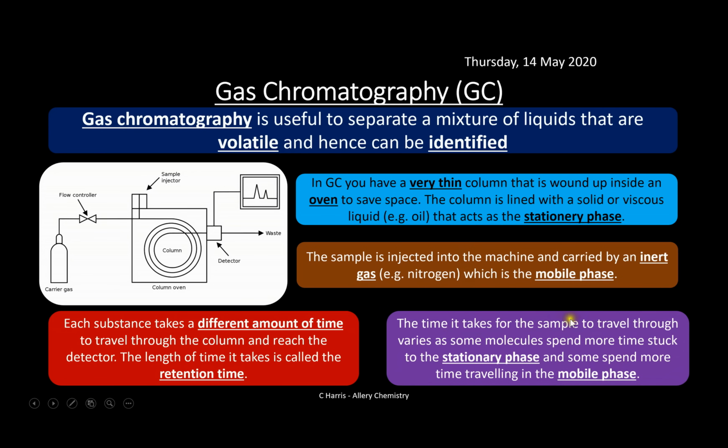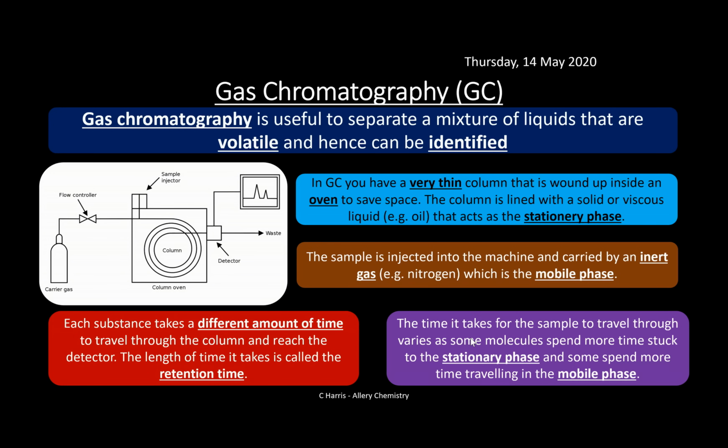The time it takes for the sample to travel through varies because some molecules spend a lot more time stuck in the stationary phase, and some spend more time travelling in the mobile phase. So if it spends more time in the mobile phase, i.e. the nitrogen or any other inert gas, then it's going to come through the end much quicker.